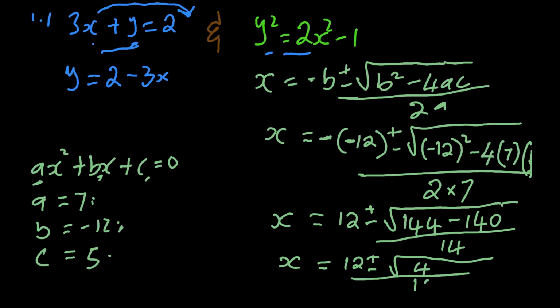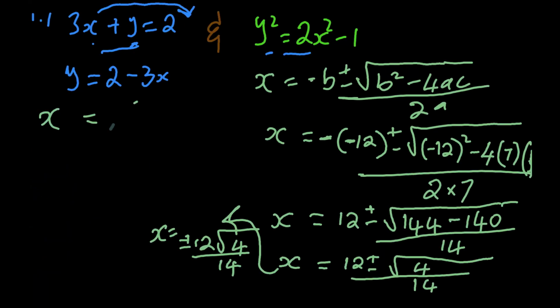Because of lack of space, you have x here is equal to 12 plus or minus, what is the square root of 4? It's 2, all divided by 14.